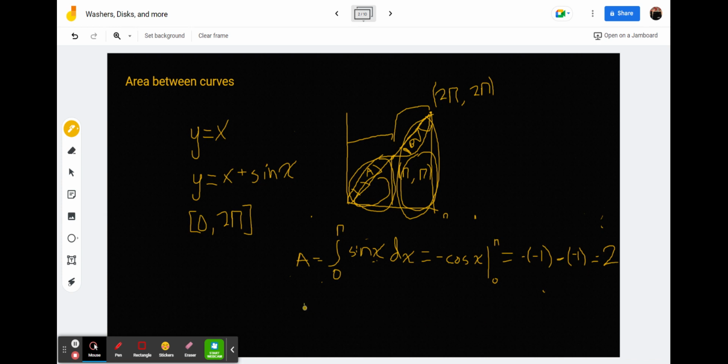Now for B, pi to 2 pi of sine x dx is again going to be negative cosine x from pi to 2 pi.